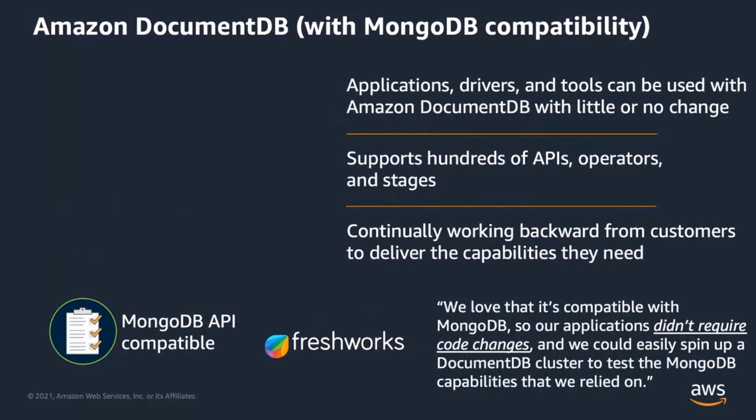And finally, MongoDB compatibility. DocumentDB is compatible with MongoDB 3.6 and 4.0. And what this means is you can use the same MongoDB SDKs, tools, and applications to interact with DocumentDB. DocumentDB supports hundreds of MongoDB APIs, operators, and aggregation stages.